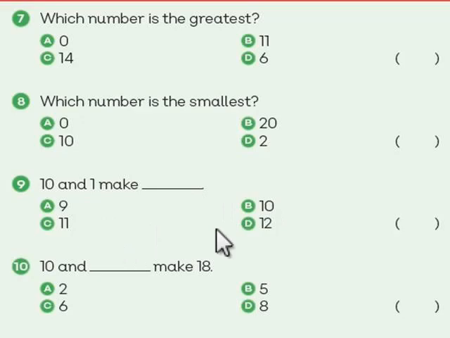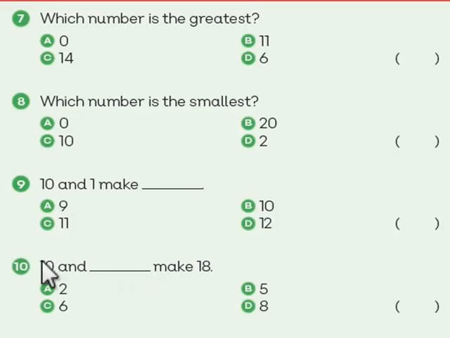And number 10, we have 10 and to make 18. So how can we make 18? We have 10 already. So how can we make 18? We have 10 already. Example, 10 and 2 make 18.